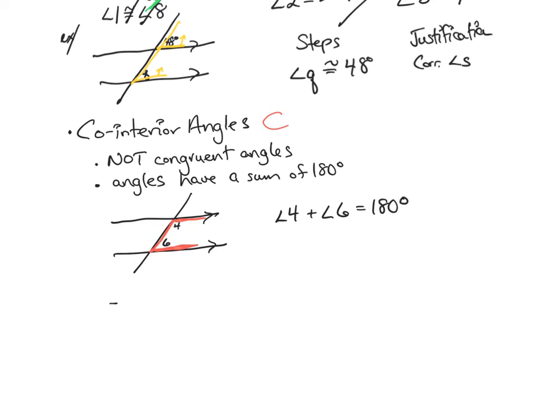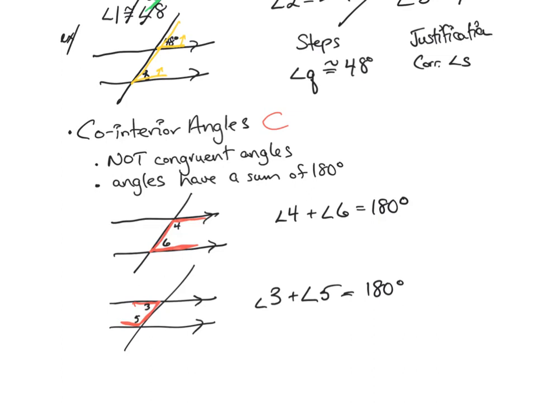But like all the other ones we saw, you can also have the same thing on the other side. So a backward C, which means that angle 3 and angle 5 together, you add the values up and you should get 180 degrees. And this will be really helpful if we're looking for other angles to have this kind of information.